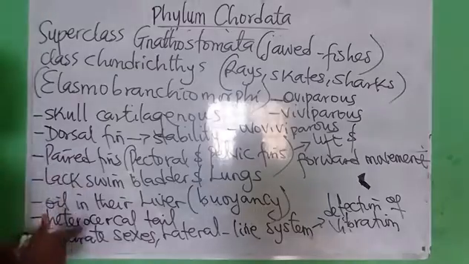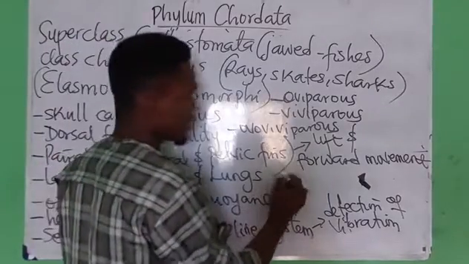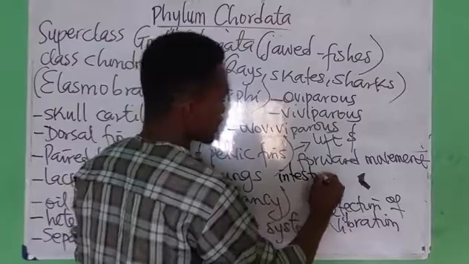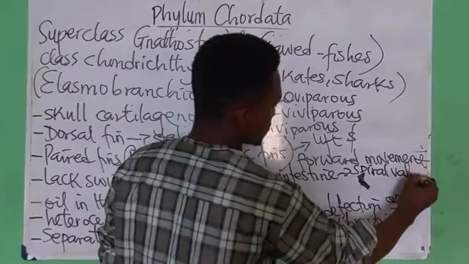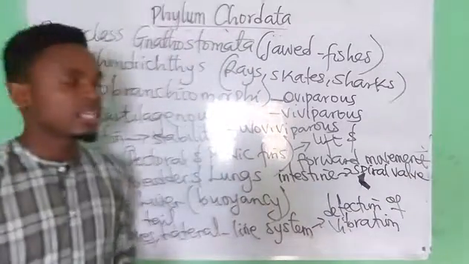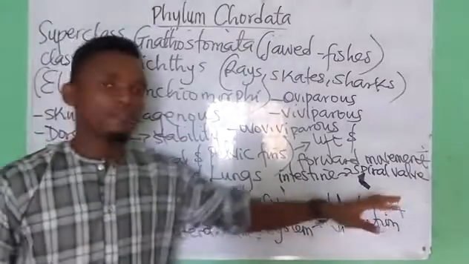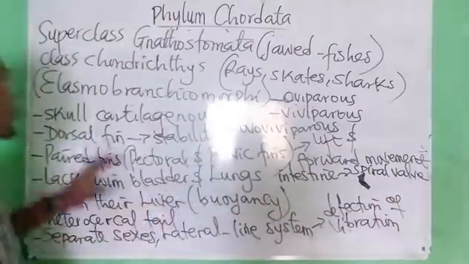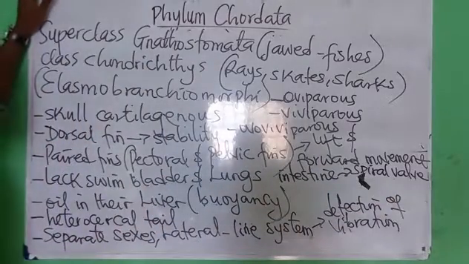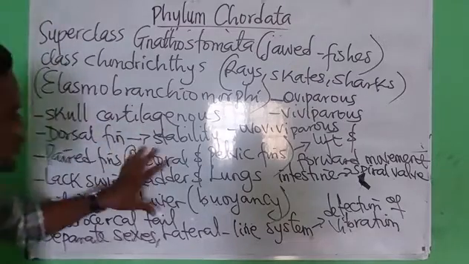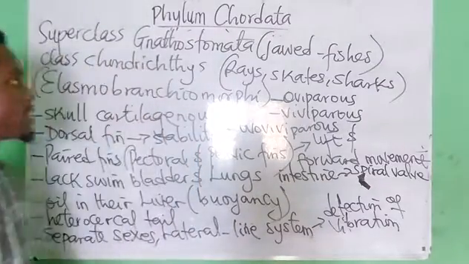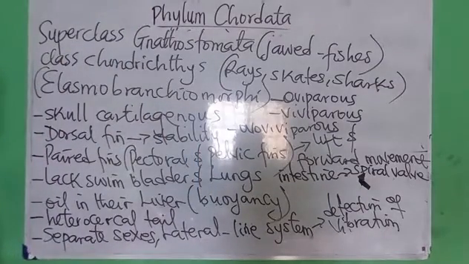Apart from these features, they also have intestine that is made up of what is called spiral valve. Spiral valve, alright? They have intestine that is made up of what? Spiral valve. Please, these are the features of Chondrichthyes. These ones are enough for you to have a good score, understand? So please just take note of these features. They are very, very important. Shall we proceed? Okay, is there anyone I've not said? I don't think so.